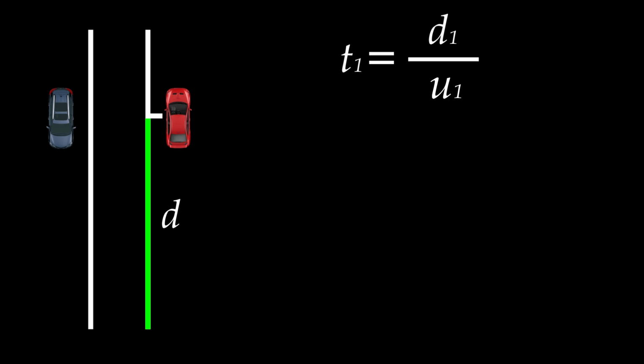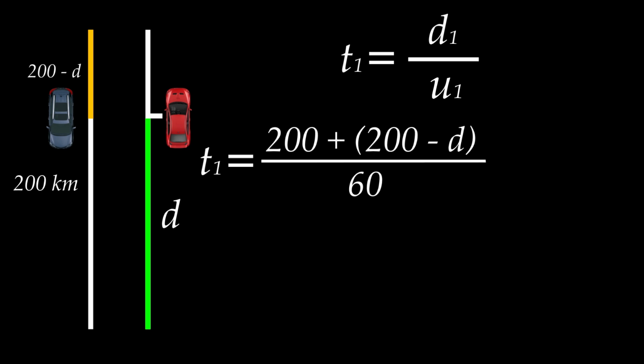Since we know the first car goes faster than the second car, the distance that the first car traversed when reaching the first meeting point will be 200 kilometers plus this distance here, which is 200 minus d. So in the first equation we have t1 equals (200 + 200 - d) over 60, which is (400 - d) over 60.